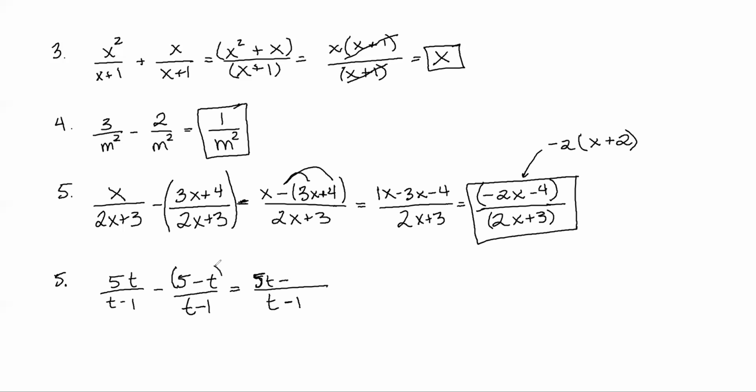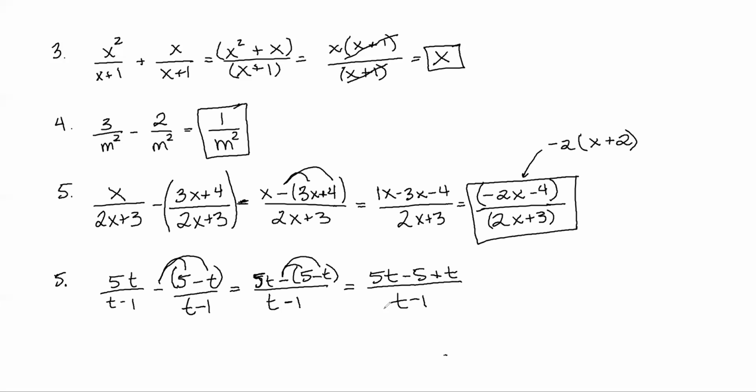subtracting this entire thing. So this is one where it's really important to remember to put it in parentheses, or remember to distribute this negative in, because we're subtracting a 5. So we're going to have 5t minus 5. And if we subtract a negative, we're actually going to add t. Be really careful with those negatives.